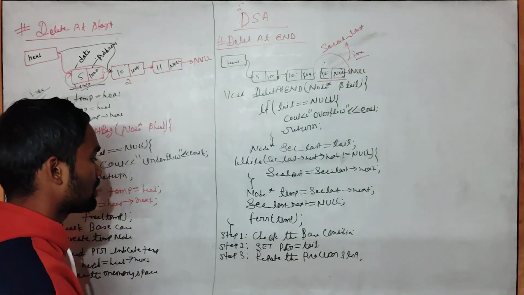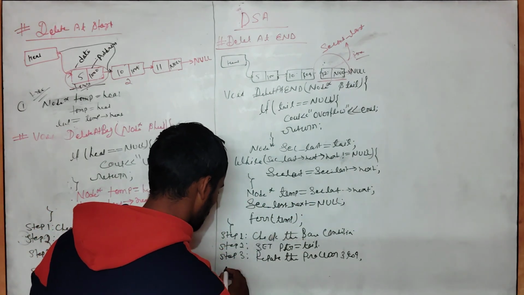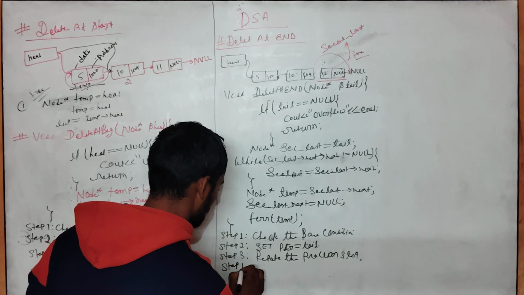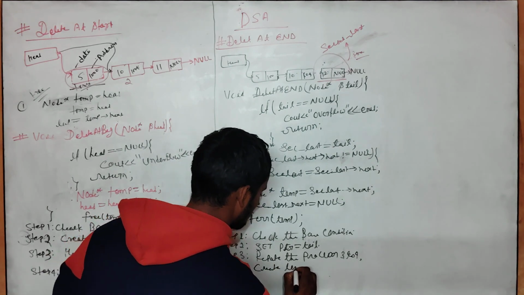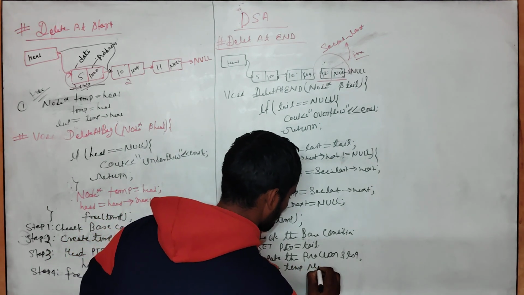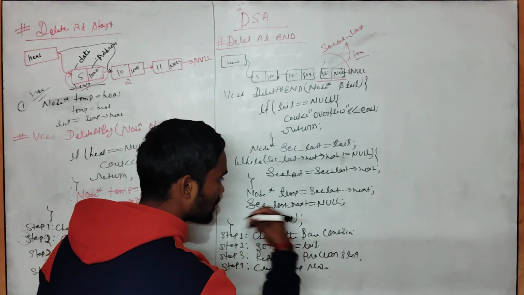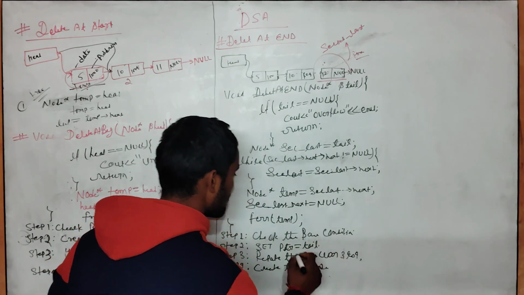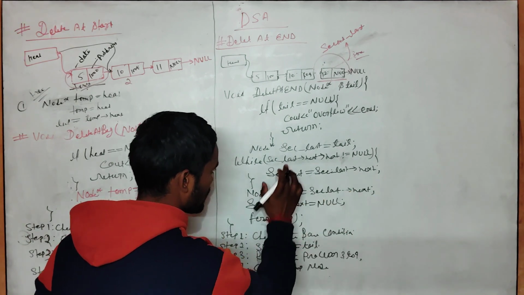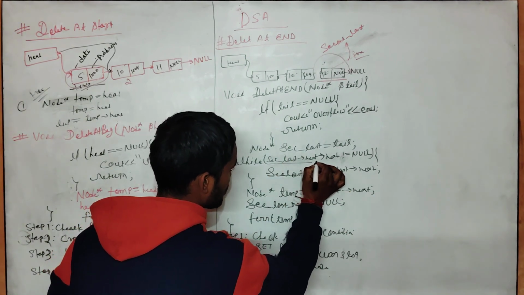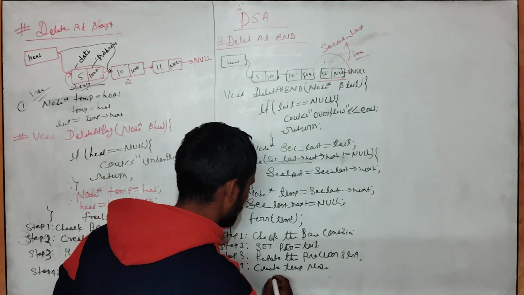Next what will we do? Next we will create one temp node. Step 4: create temp node, and traverse. I'm creating node temp as second next, because it will traverse second of next, and it denotes a null value.